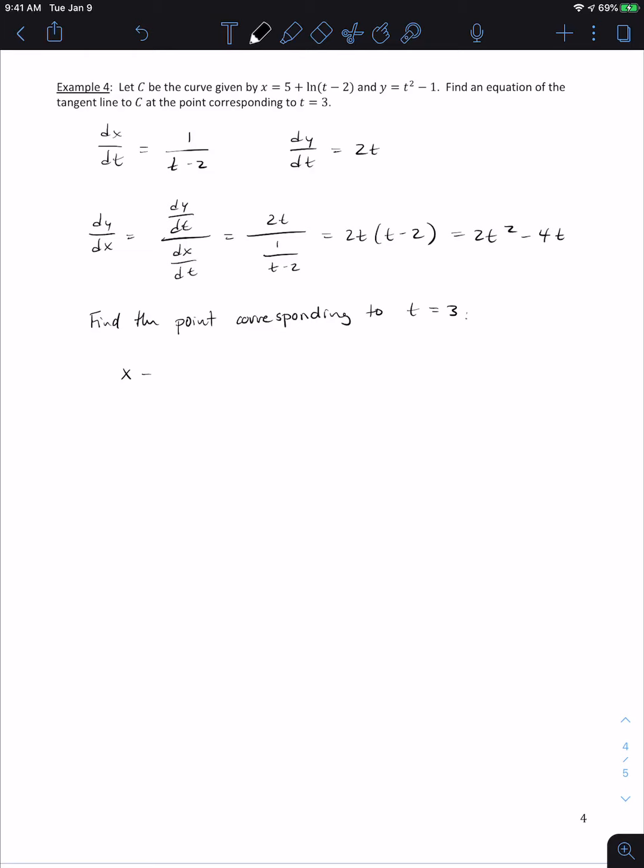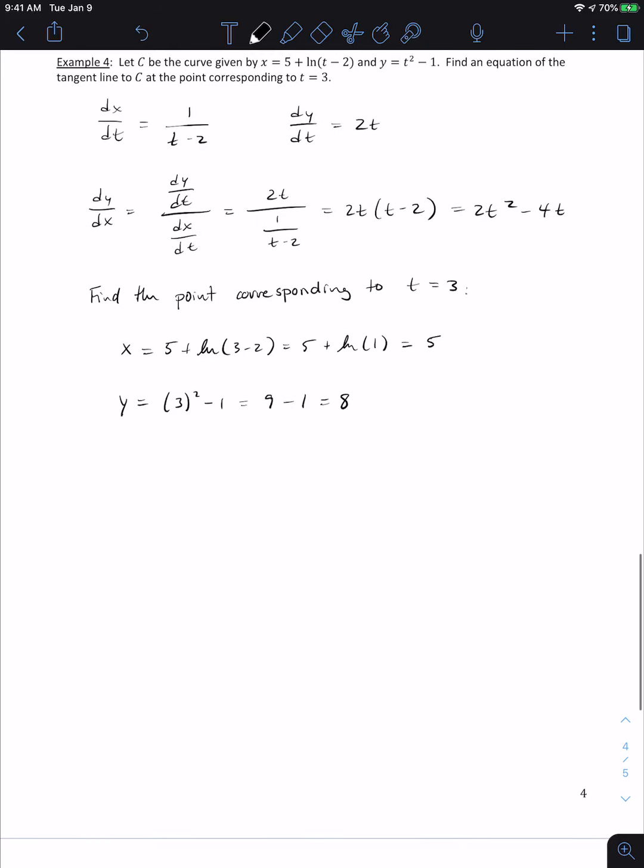If t equals 3, then x is equal to 5 plus ln of 3 minus 2, so I get 5 plus ln of 1. Ln of 1 is 0, so I just get 5. And for y, t squared minus 1, so I get 3 squared minus 1, so 9 minus 1, which is 8. Right, so my point is (5, 8).